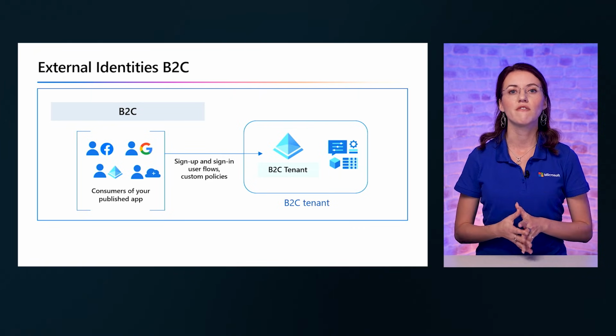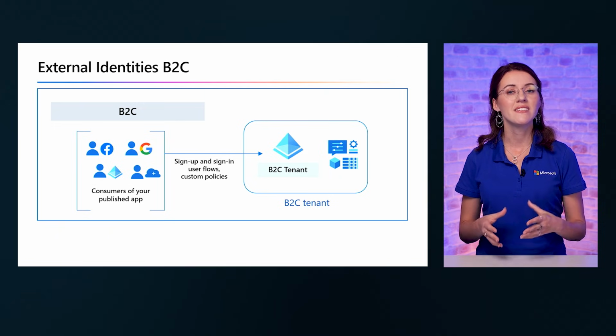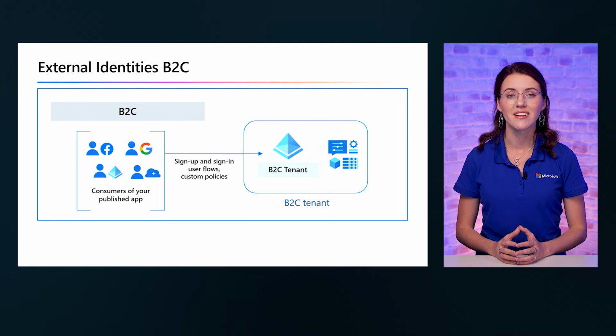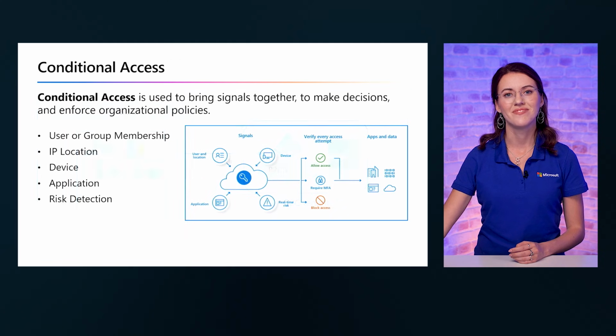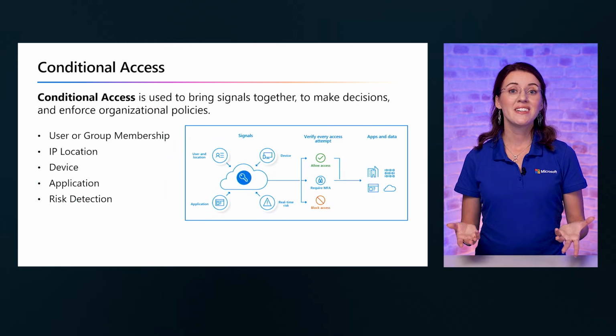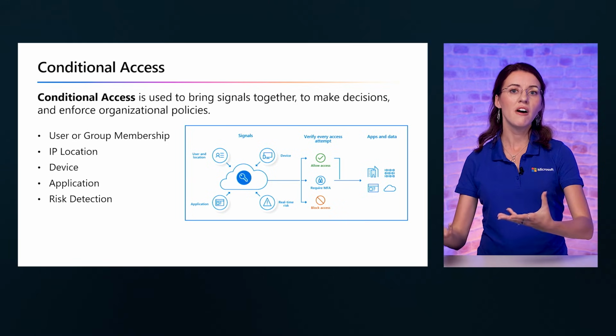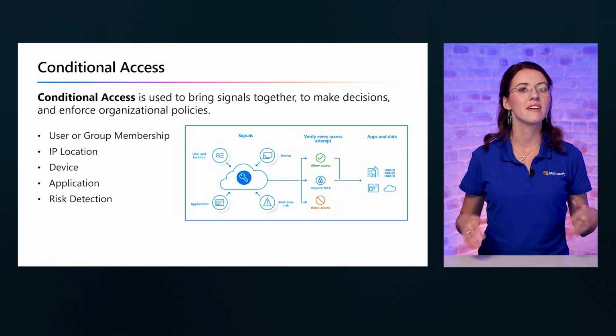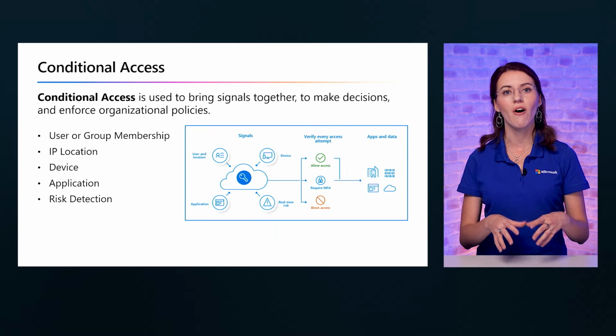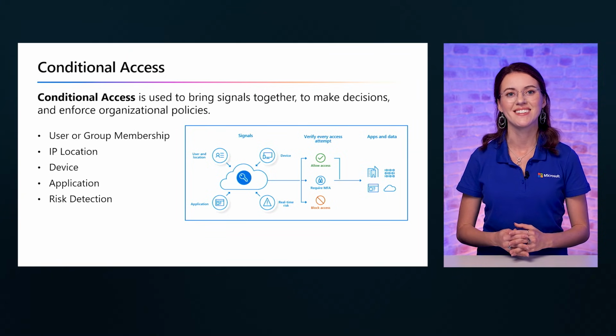Another important feature of Microsoft Entra ID is conditional access. Conditional access is a tool used by Microsoft Entra ID to allow or deny access to resources based on authentication signals.